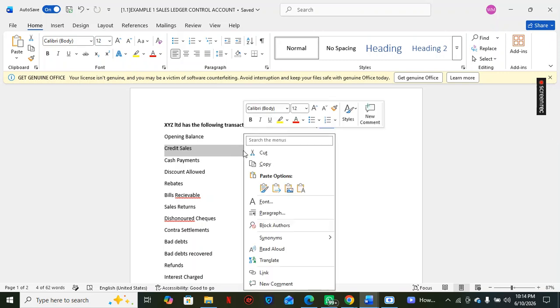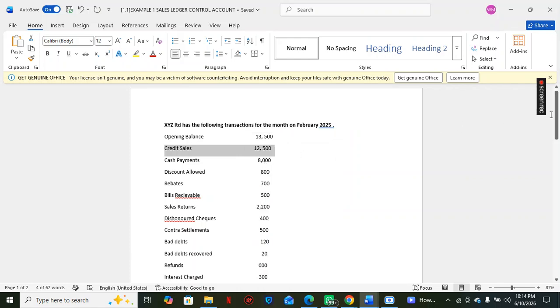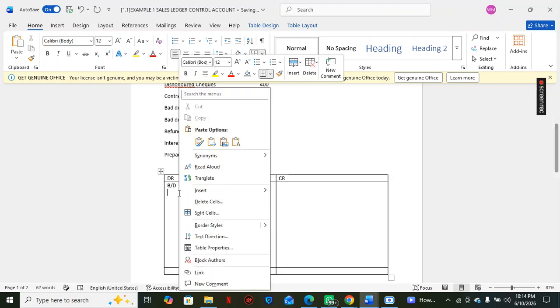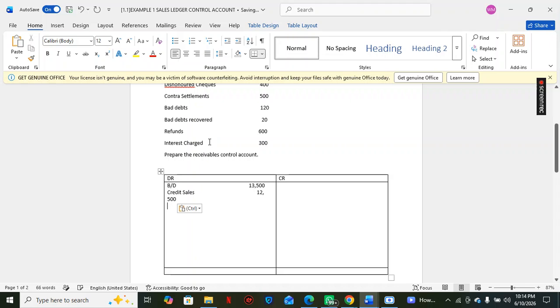So we debit. Credit sales here, 12,500. What is being owed to us has increased. We sold on credit, so more people are owing us money. So we debit there.